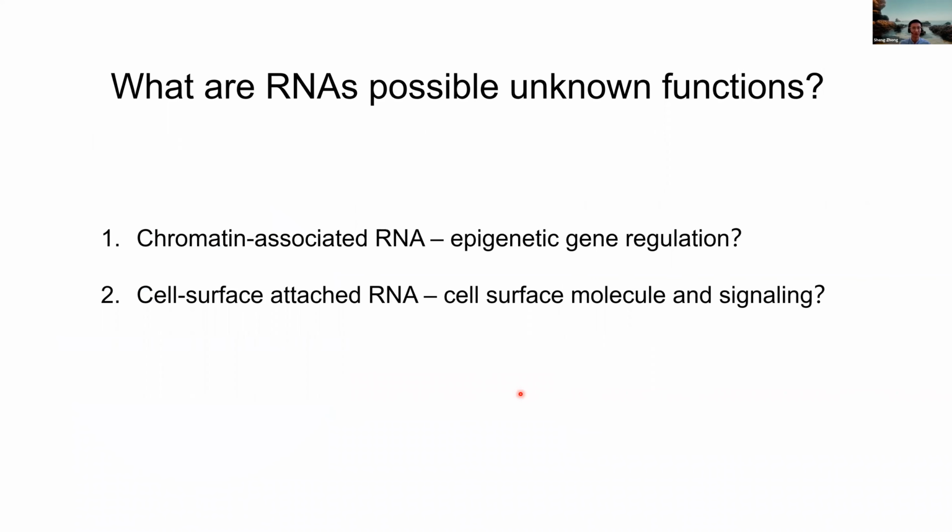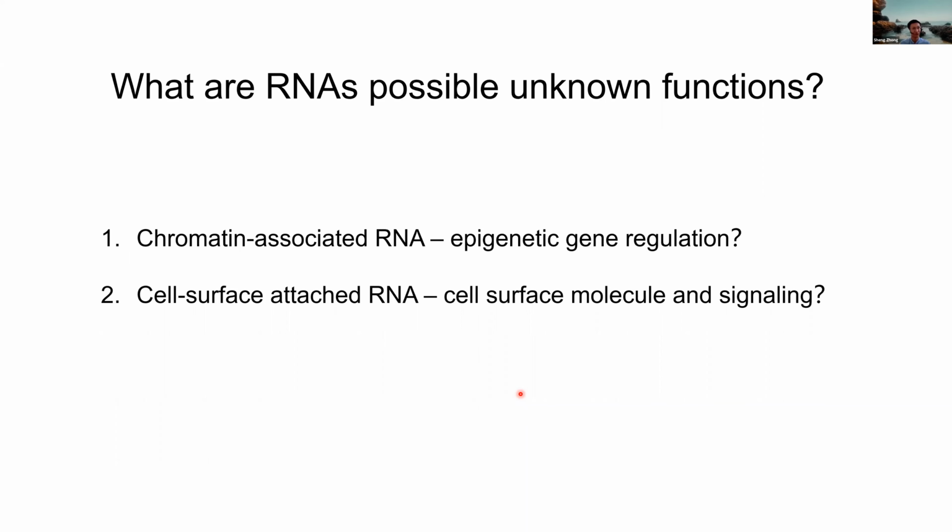So I hope to share two research directions from our lab. One is on chromatin-associated RNA. These RNAs attach to different parts of the genome, and I wish to discuss whether they serve as a type of epigenetic regulatory material.